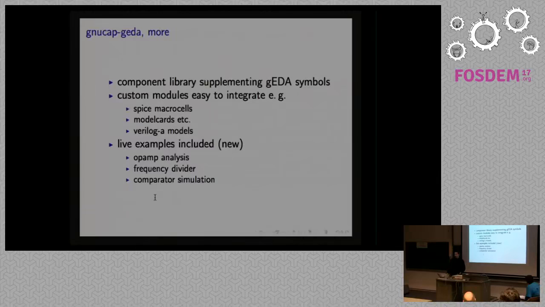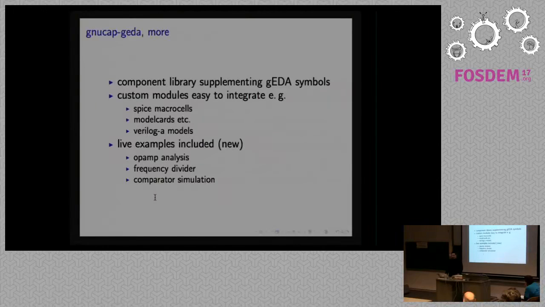The GDA symbols all have default device attributes, and I want them to resolve in a useful way, so I started to implement gnucap components that just work as you would expect from what the symbols look like. And you can just change the device attribute and get anything behind that device that you might wish, like SPICE macro cells, which are often used, or even Verilog A models.